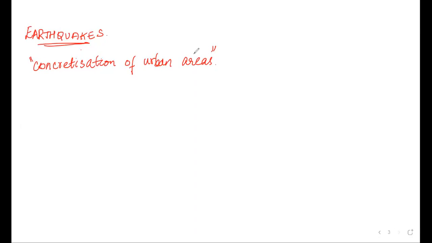Now, in the Indian subcontinent, we have the Himalayan belt, and there is this northward movement of the Indian landmass, that is, we are moving towards the Eurasian plate.